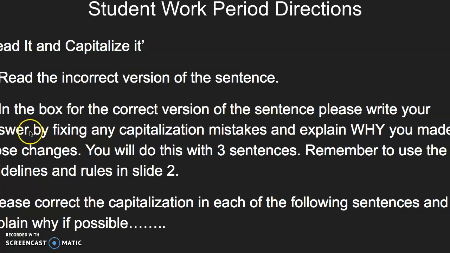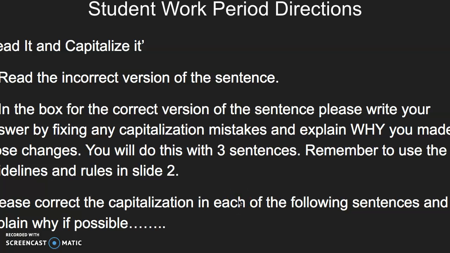Please write your answer by fixing any capitalization mistakes and then explain why you made those changes. You will do this with 3 separate sentences on 3 separate slides. Remember to use the guidelines and rules in slide 2.